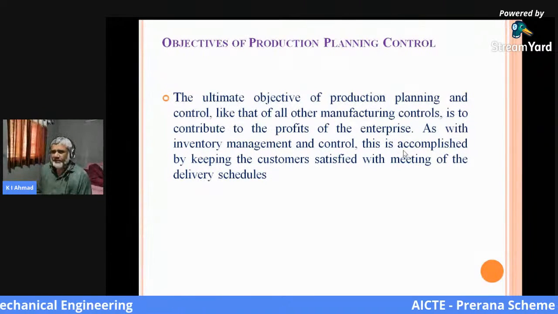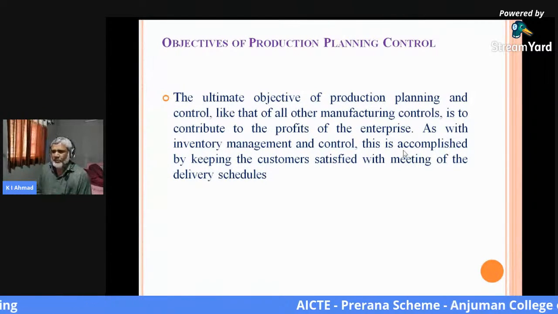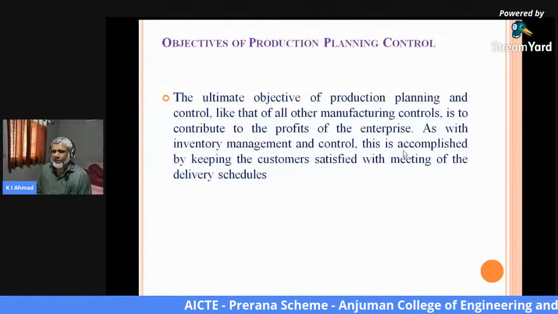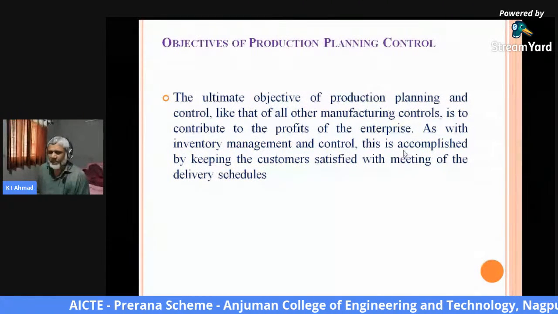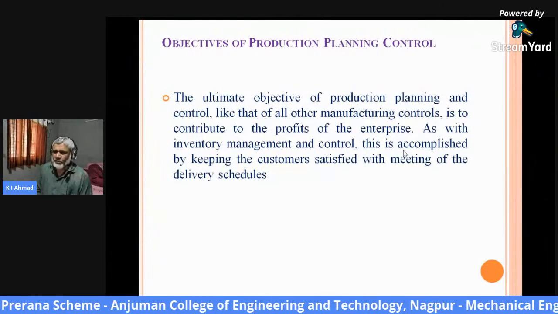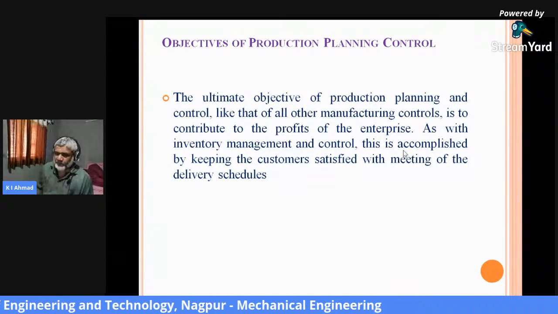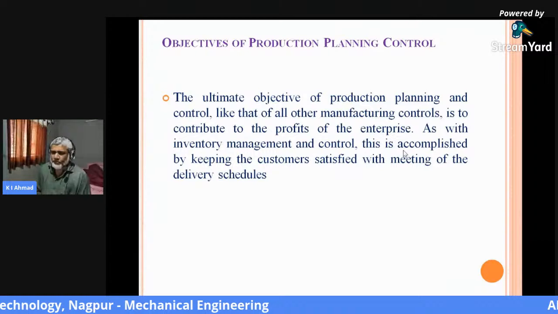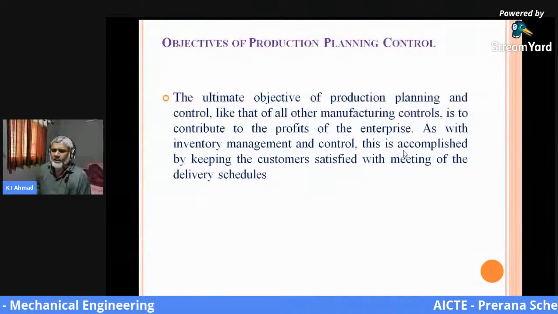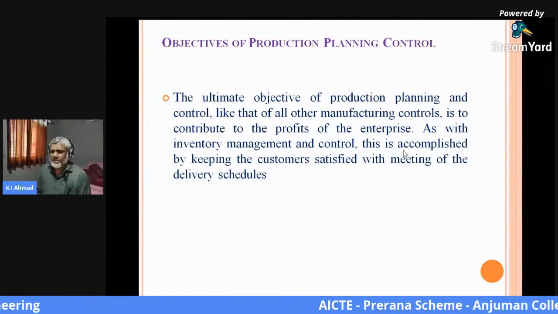It further says that, as with inventory management and control, this is accomplished by keeping the customers satisfied with the meeting of delivery schedules. So profit can be increased with inventory management. Inventory is one of the most important parts, where nearly 30% of the finance is utilized.